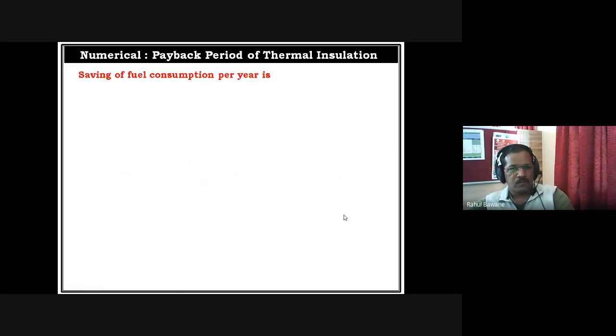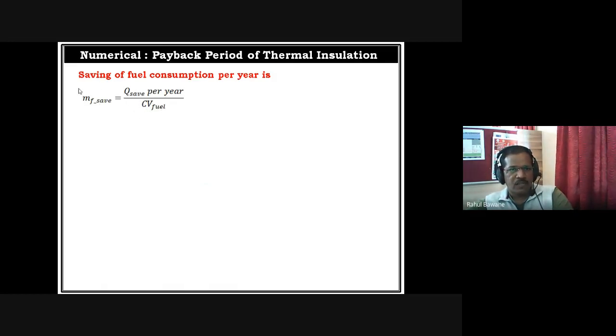Now heat is saved, okay, no doubt, but we pay the cost for fuel consumption. So we have to find out how much amount we saved by saving that much heat. So mass of fuel is equal to total heat saved divided by calorific value of fuel. In general we normally use total heat equals mf into CV.